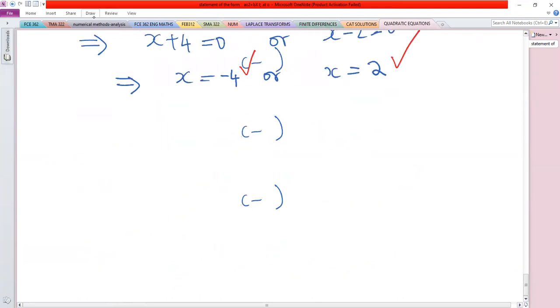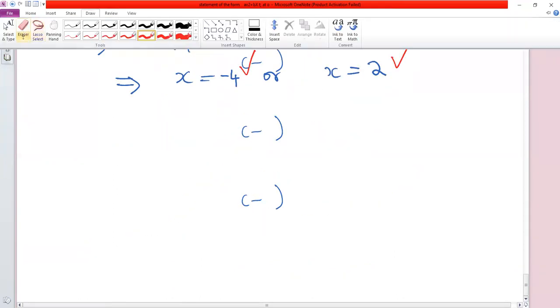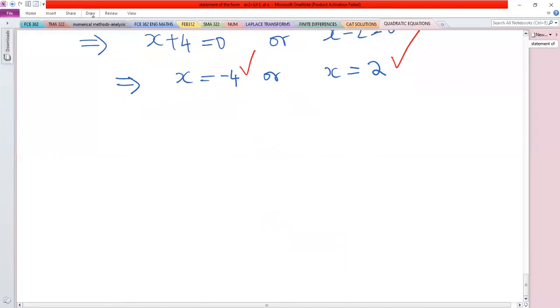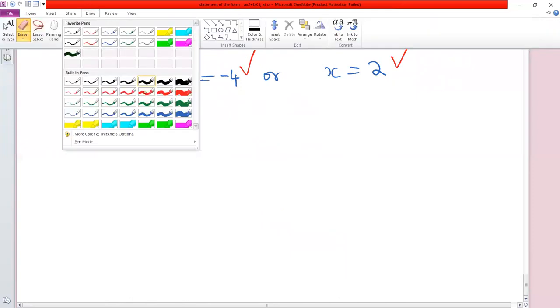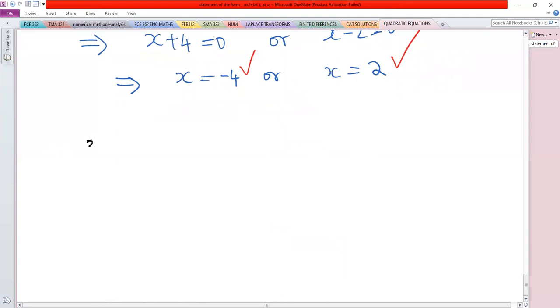Lastly, the last example in this session. So we'll have number 3, x squared minus 6x plus 9 is equal to 0. Solution.